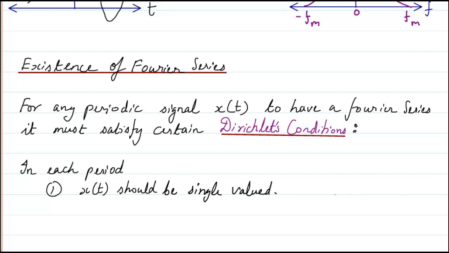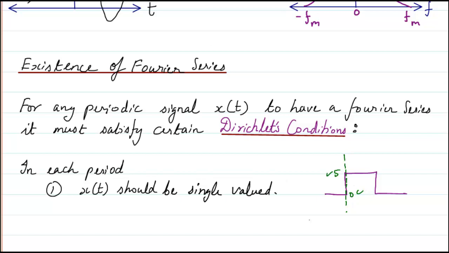For example, you know that in the case of a pulse, we will basically draw like this, isn't it? Then if I ask you what is the value at this particular time, what will you choose? Will you choose 0 or will you choose 5? Well, according to Dirichlet's condition, you cannot have 2 different values at the same time.